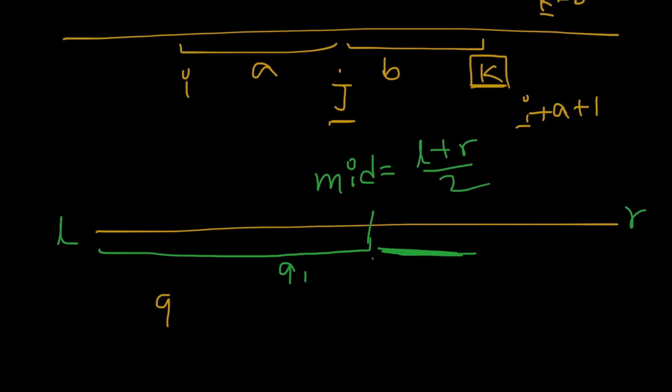So if I see that up to the middle, the number of inversions is less than Q, I can say that K is somewhere after that. So I will change the value of L to mid plus one.